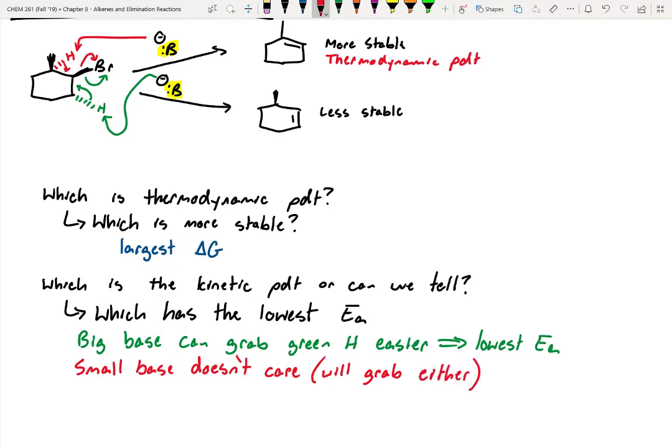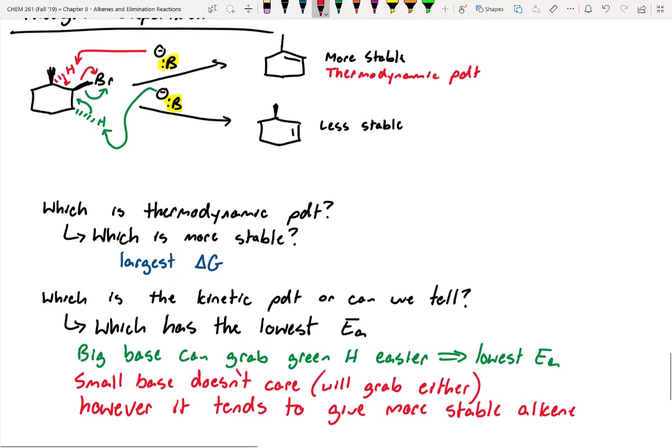However, if you're a small base and you don't really care which one you're going to go after, which one do you think we're going to make? The more stable product or the less stable product? Probably the more stable, right? So the small base doesn't care, we'll grab either. However, it tends to give the more stable alkene.